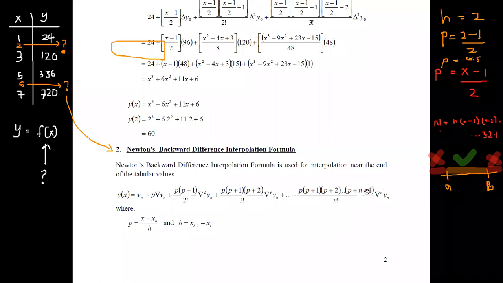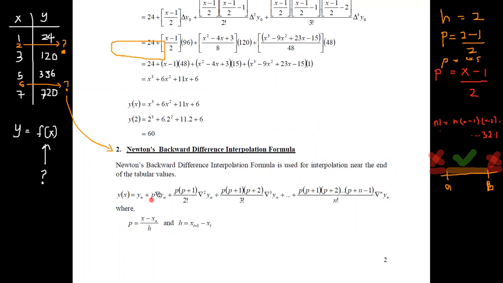It is because in the second difference we went up to 1, in the third difference we went up to 2 only. Therefore, in the nth difference we have to go up to n minus 1. This has to be divided by n factorial and multiplied with nabla n yn, the nth difference for the last value of the data set.